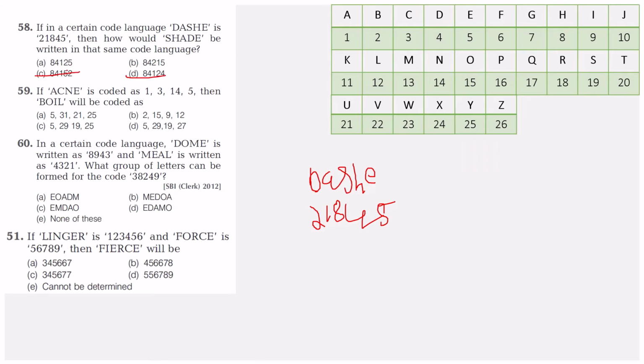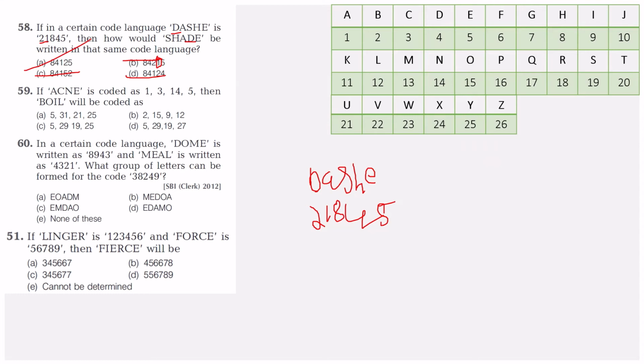Just check the unique ones between these two. 1 5 is common. 2 5 8 4 1. Okay, 8 4 is the same. 1 2 and 2 1 are changing their positions. So just check the fifth letter. Fifth letter is D, and D stands for 2. So D doesn't stand for 1.